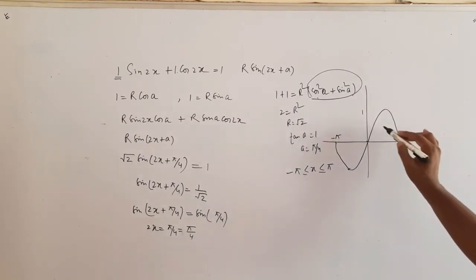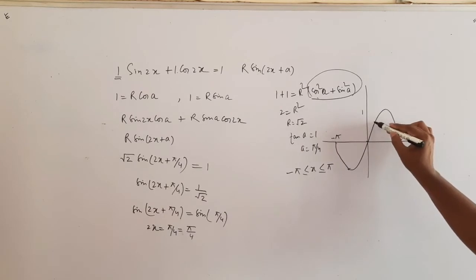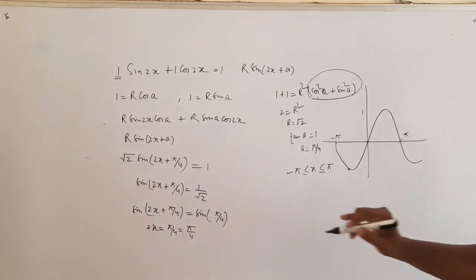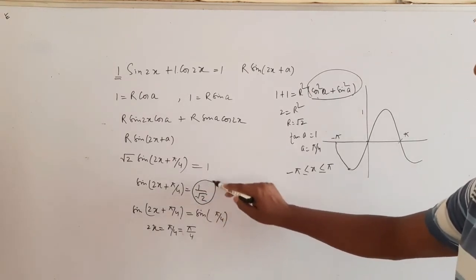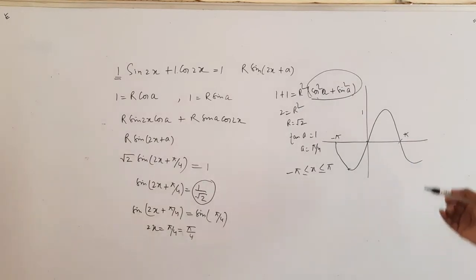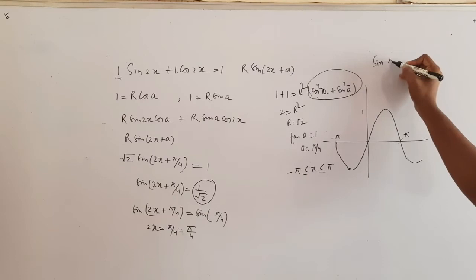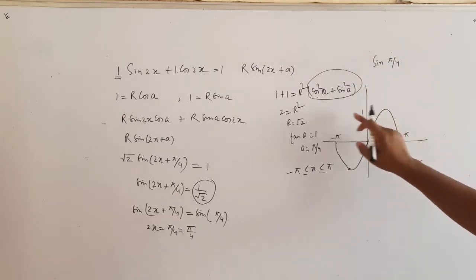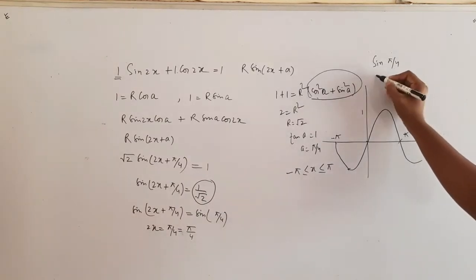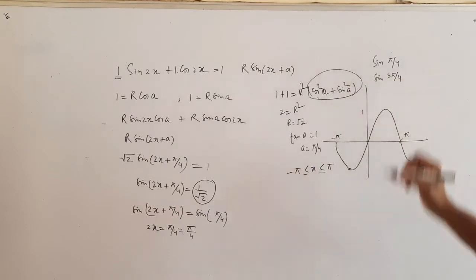So 1 by root 2 you get for two values. One value is pi by 4, so this is 1. So there are two values of sine which can give you this value 1 by root 2. So how to find those values? We know that sine is positive in the first quadrant, so one value is sine pi by 4, and in the second quadrant also sine is positive, and that is sine 3 pi by 4.